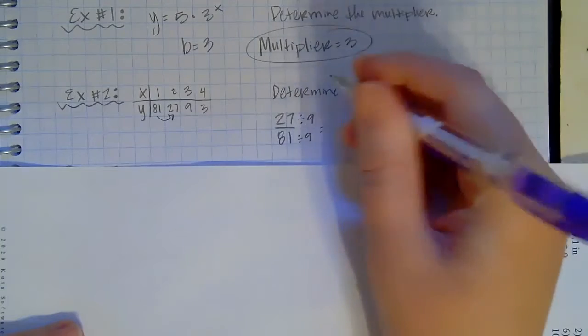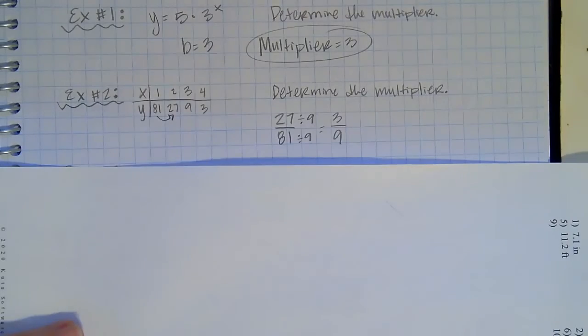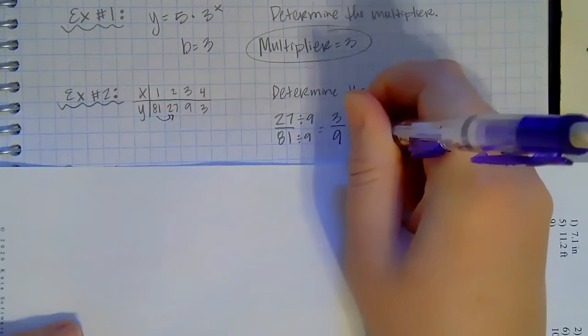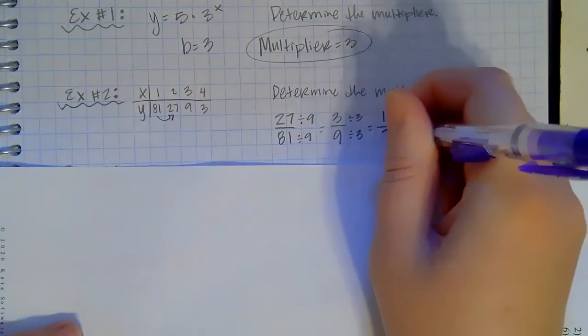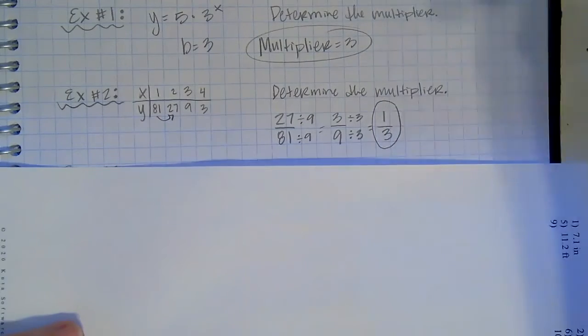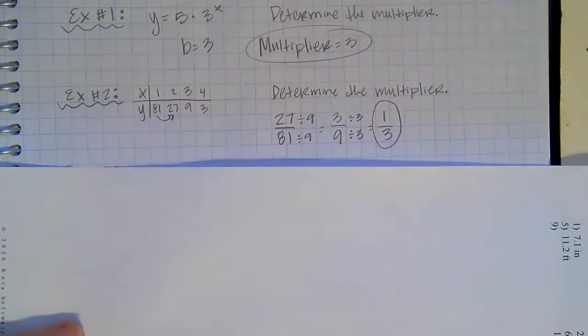So 27 divided by 9 would give me 3, and 81 divided by 9 would give me 9. And I can still simplify. So I notice that 3 goes into both of them, so I can still divide by 3. 3 divided by 3 is 1, and 9 divided by 3 is 3. So there's my multiplier right there. This is the decimal version of that, but again, we want a precise answer.